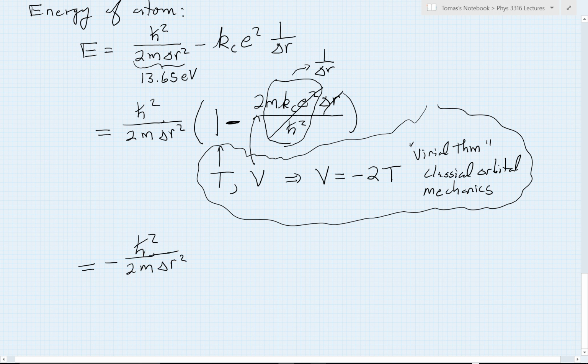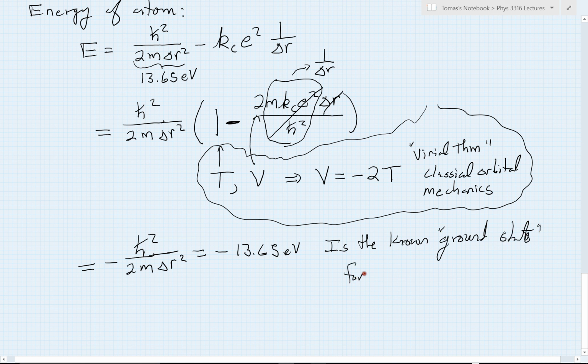And that actually is the known lowest energy state, the so-called ground state, for the hydrogen atom. So that's beautiful too, right? This whole thing is really holding together very nicely.